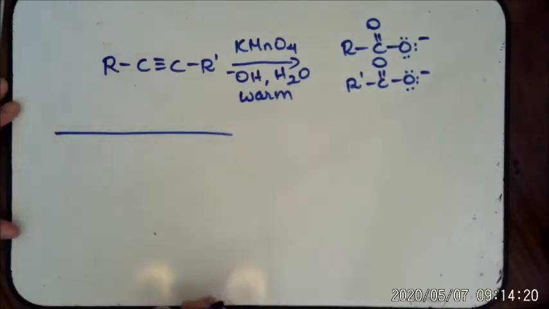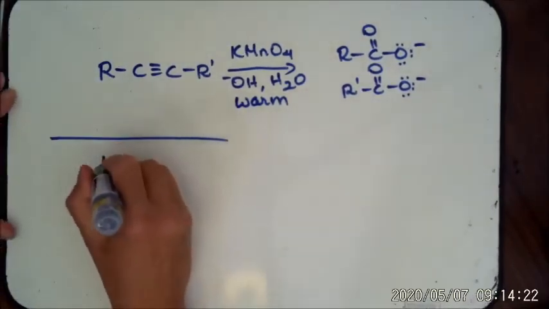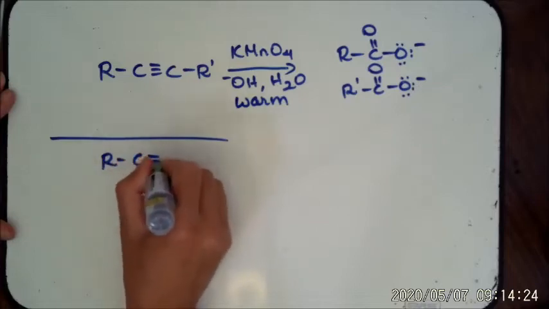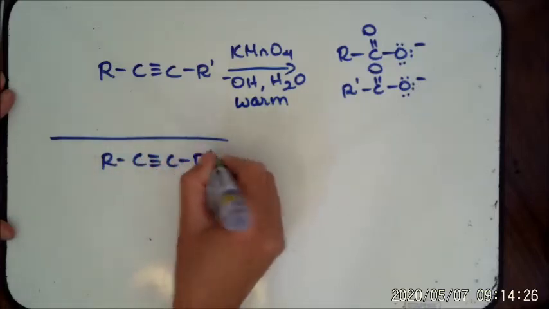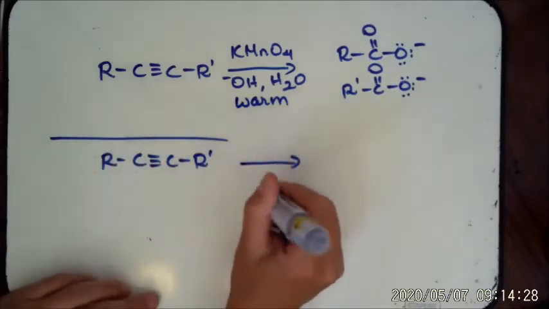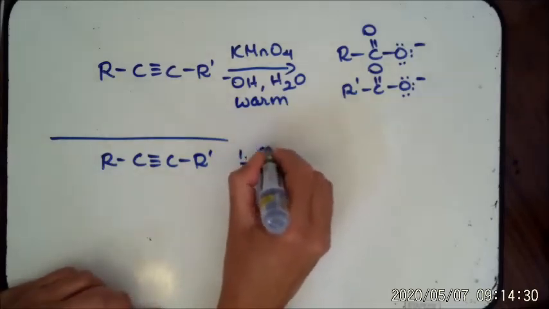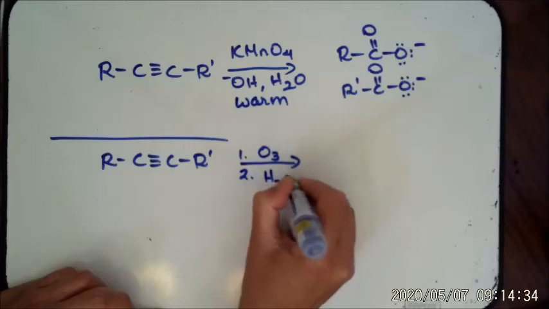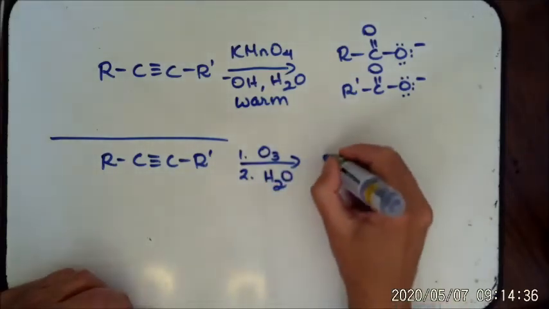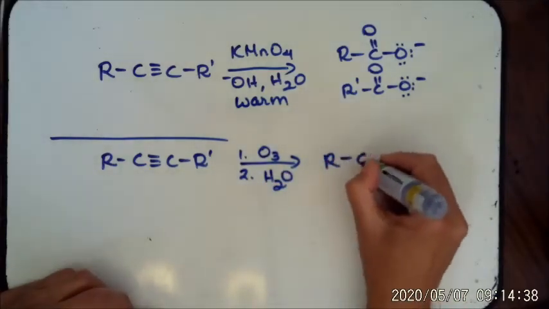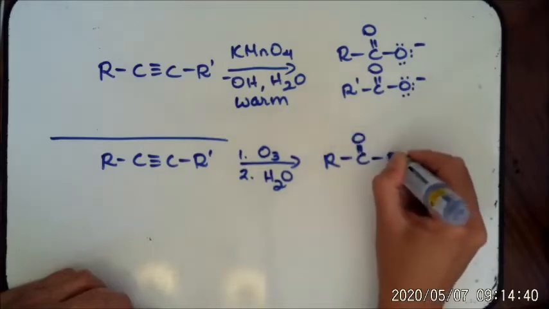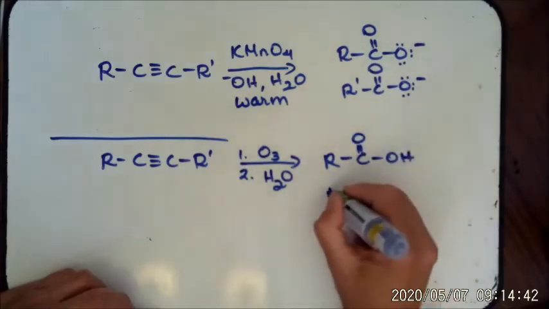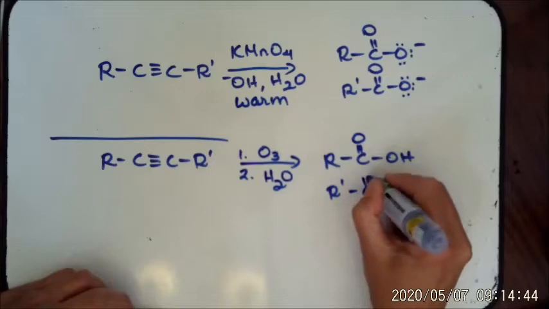The other way we can do cleavage is this. If you take your triple bond and you do ozonolysis, and then you basically follow it with water, then you're going to get your carboxylic acids.